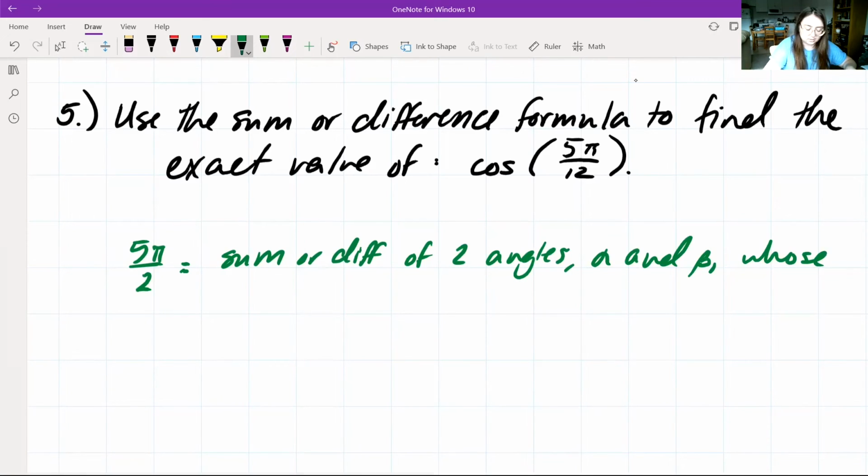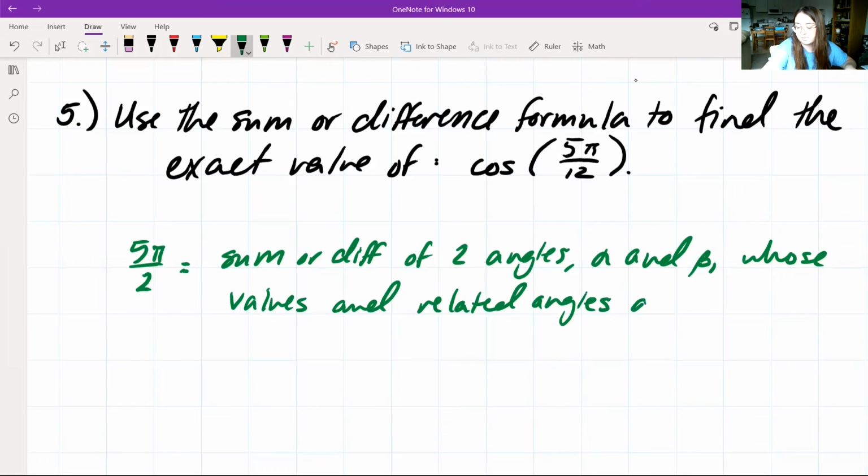And these angles need to have values, or related angles, that are known. This is just to say if you're going to split up 5 pi over 12 into two different angles, these two angles should really be found on the unit circle so that you can know what they are and what their related angles are going to be.